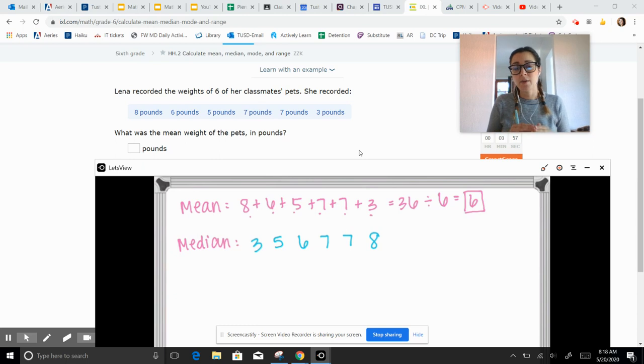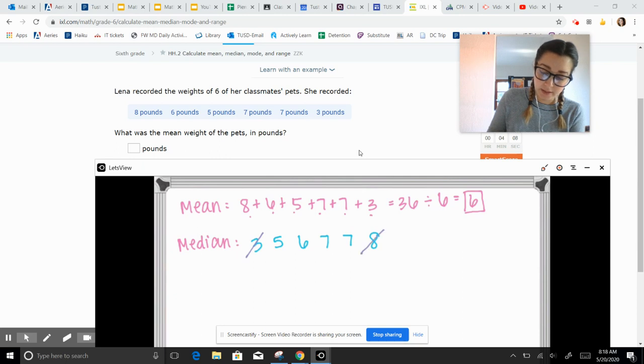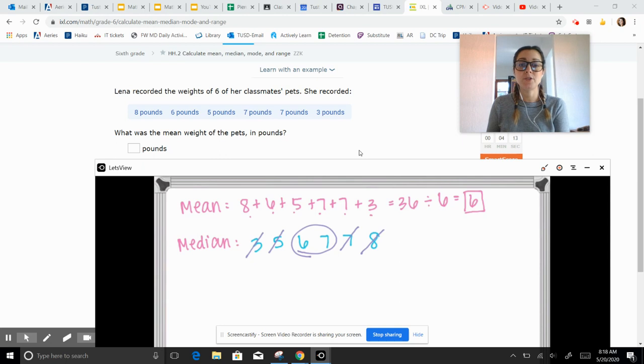Okay, once I have them all in order from least to greatest, I'm going to cross them off until I find the middle number. So what that looks like is outside, going in, and we have 2 numbers in the middle this time. So when you have an odd number of things in your data set, it's going to be easy to find the median. When you have an even number, you're going to have something like this where you have 2 in the middle.